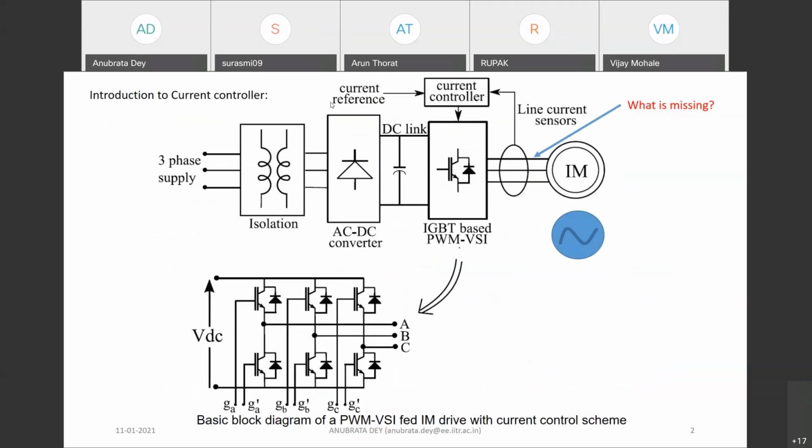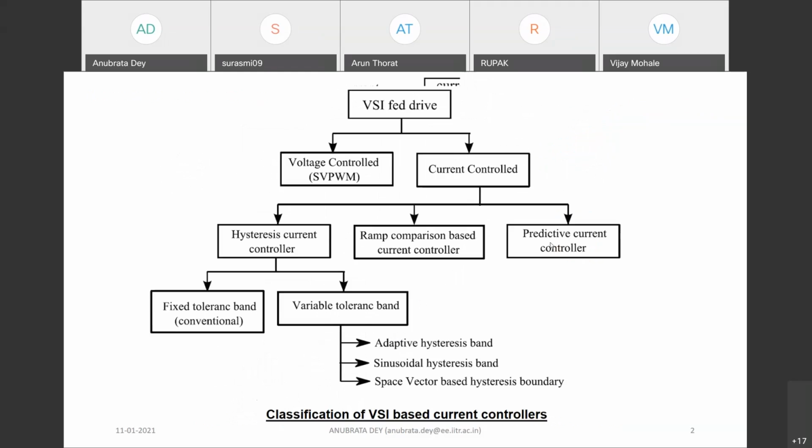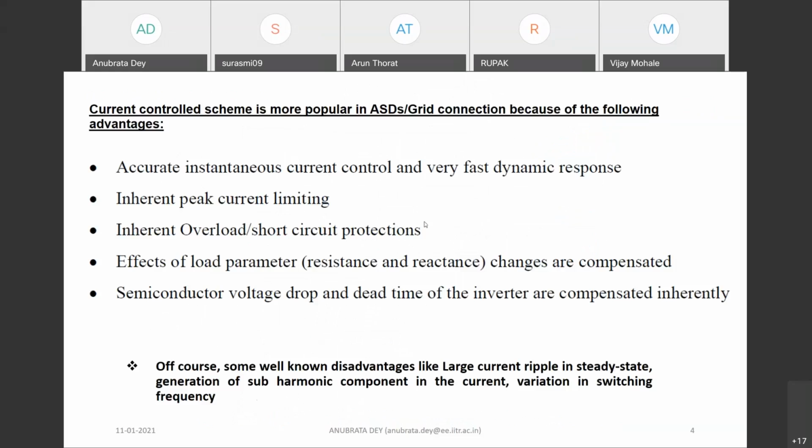As long as your current reference is not disturbed, irrespective of a short circuit happening, you are not shooting up the actual current, because the actual current will try to follow the reference current. So you have to ensure the reference current remains under control. By this control method, you can easily maintain the peak current limitation and short circuit protection.